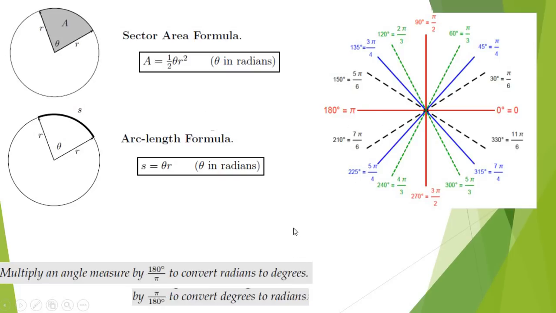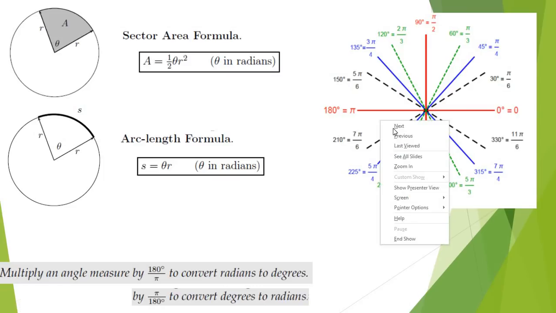Now, sometimes it is very important that you should be able to convert from radians to degrees or from degrees to radians. If you wanted to convert radians to degrees, you simply multiply the angle measure by 180 degrees over pi.